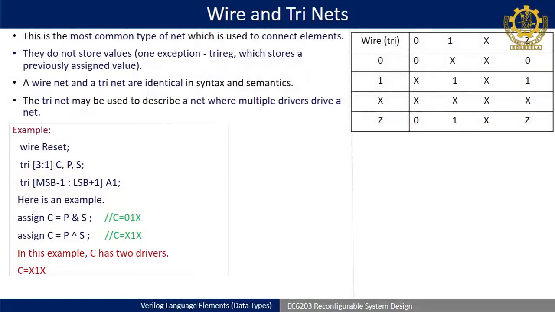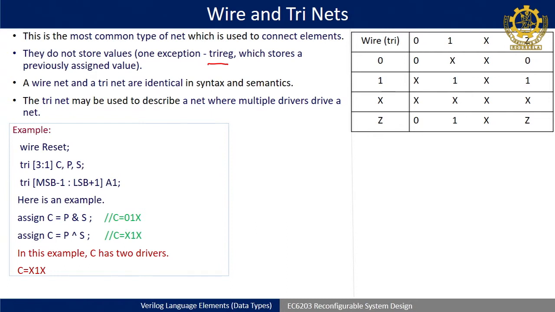They generally do not store any data, unlike a register, which is designed to support storing of data, but there is one exception, that is called trireg. Trireg is the only net type data type which supports storing of a previously assigned value. We will see that when trireg comes with corresponding examples.